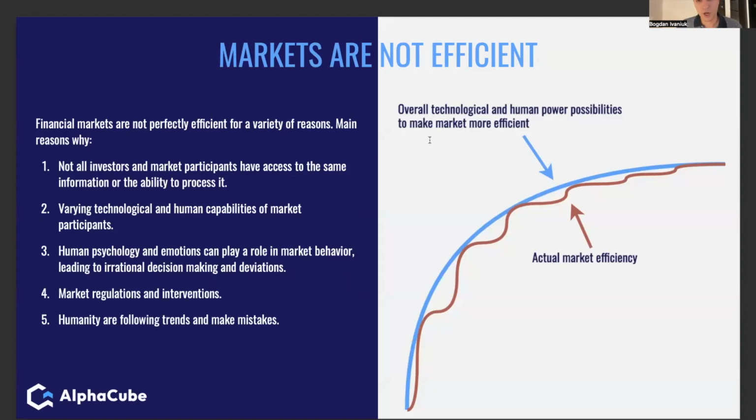I would like to start with my vision of market efficiency, because some say the market is efficient and others say it is not. I think the truth is in the middle, and the efficiency of the market is continuously growing.